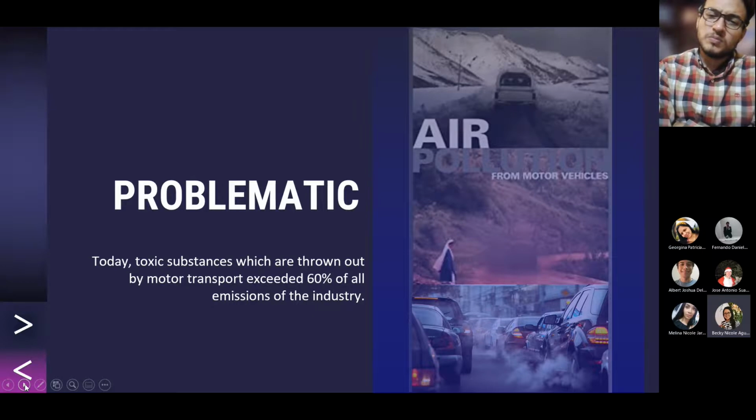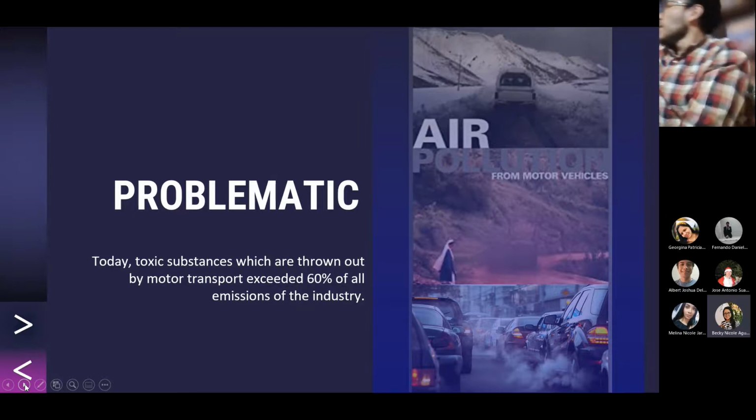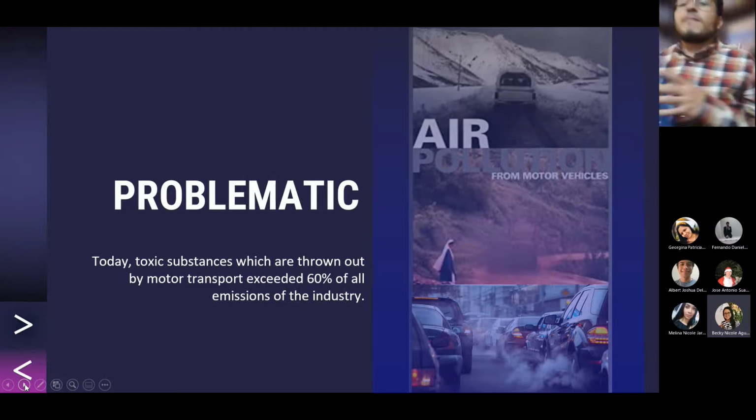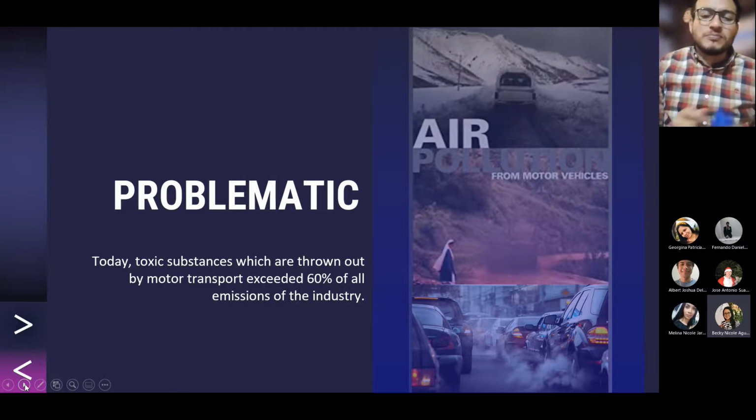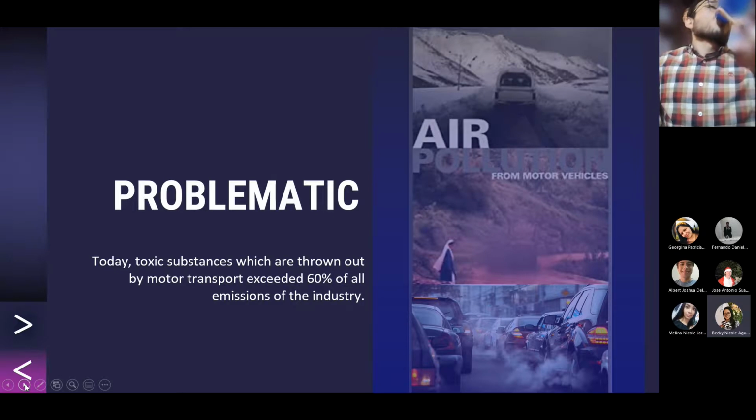The problem of ecological safety has now become of exclusive importance. The proportion of toxic substances released by motorized transport exceeded 60% of all emissions in industry. In addition to the fact that traditional combustion motors don't take advantage of all energy, they generally have a maximum efficiency of 30%.